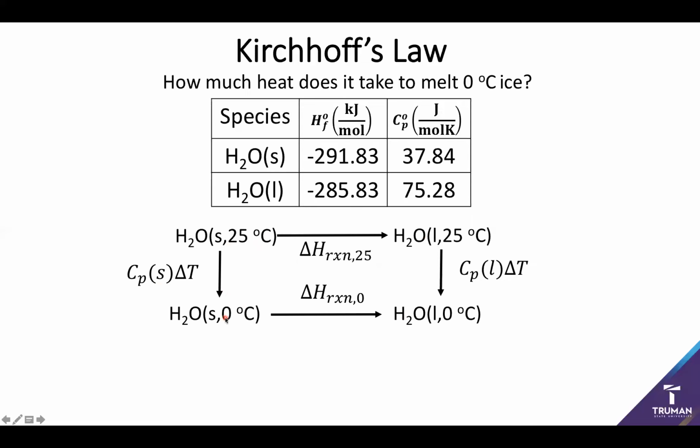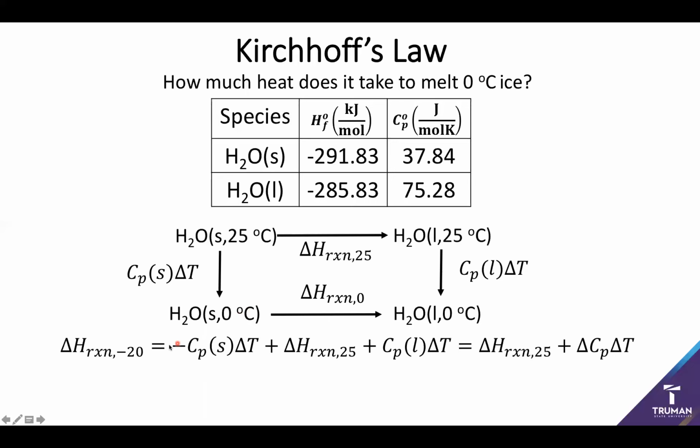So what I can do is make use of this thermodynamic cycle and the fact that if I start at one place and go to a second place, the value difference doesn't depend on which path I take.